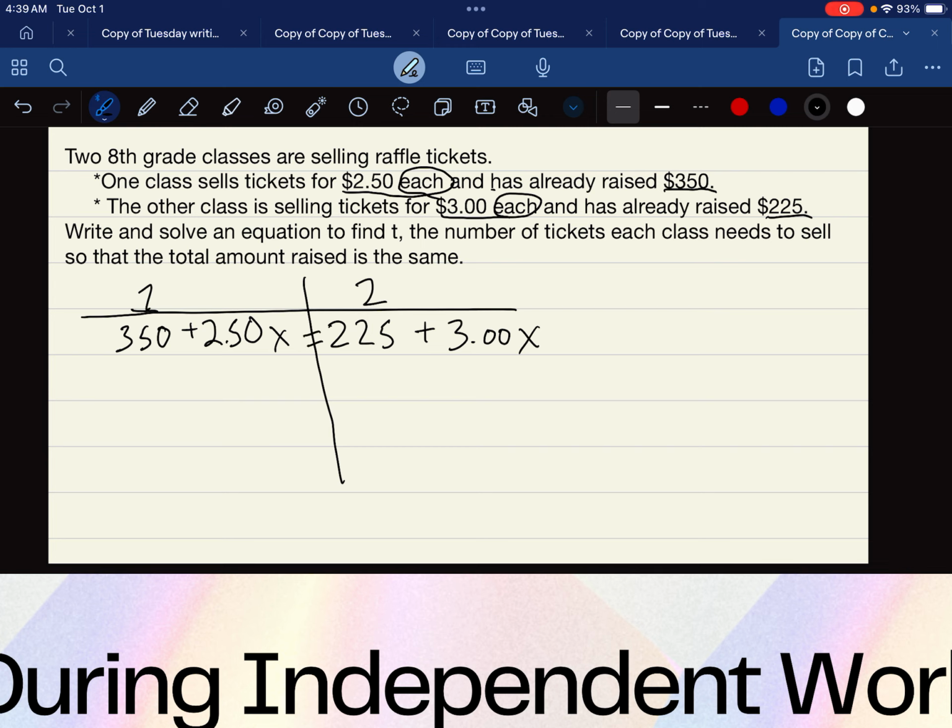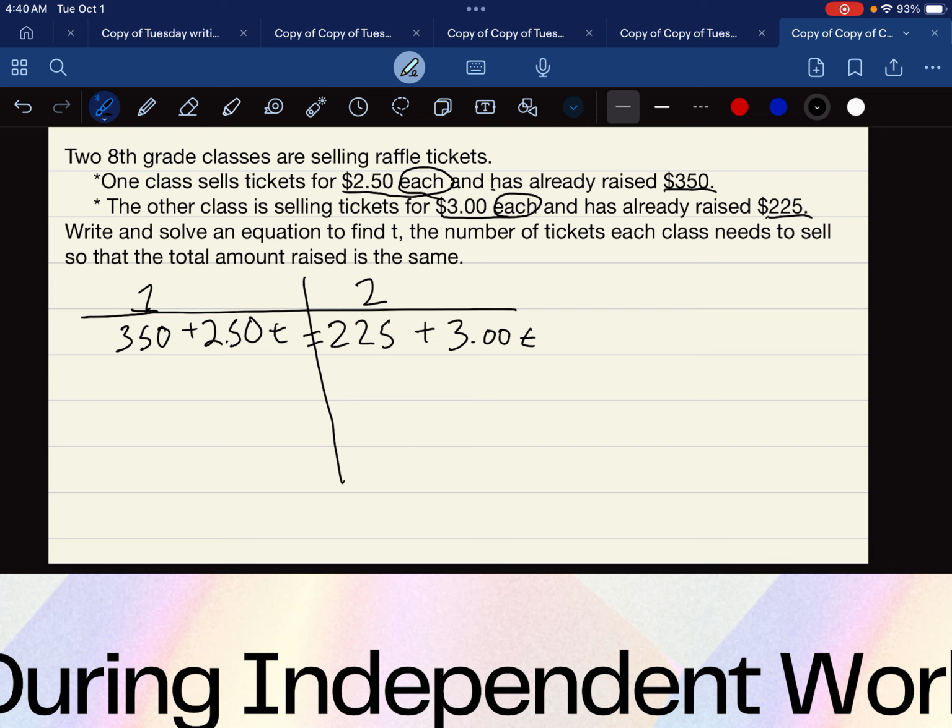Well, so instead of x, they want this in terms of t for ticket. Mathematically, it makes no difference whether you use x or t, but on a multiple choice test, they would have t there for the variable instead of x.